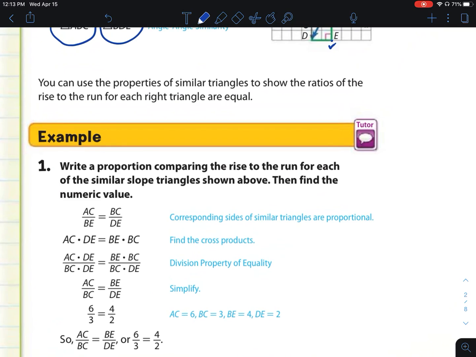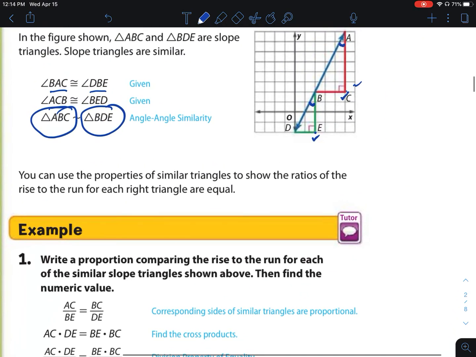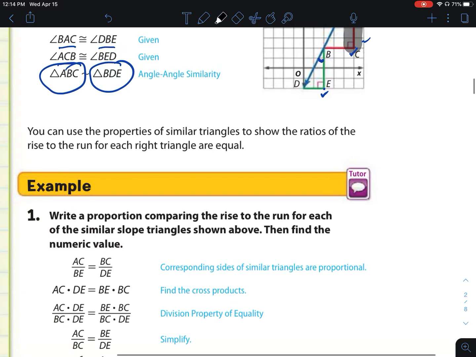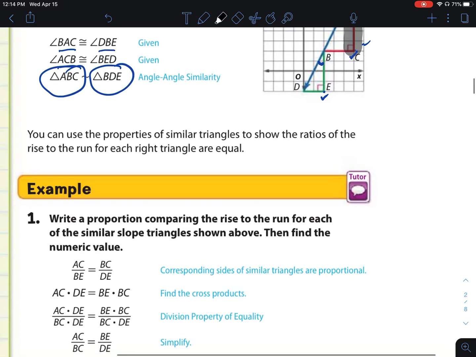Going back here, we have AC, this length right here, is proportional to the side BE right here, and BC right here is proportional to DE right there.